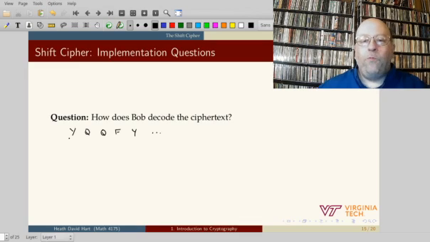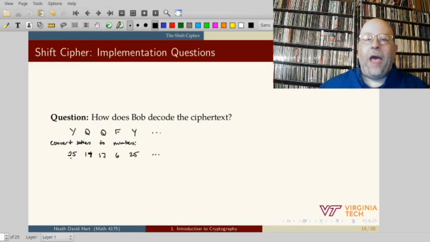Bob will convert each of these into a number. So Y is 25, Q is 17, Q is 17 again, F is 6, Y is 25, and so on and so forth through the rest of the message.